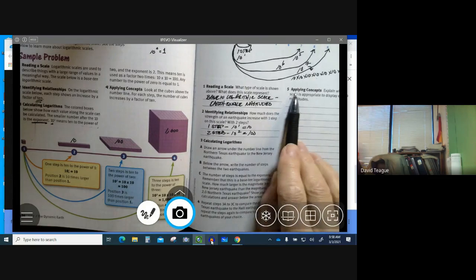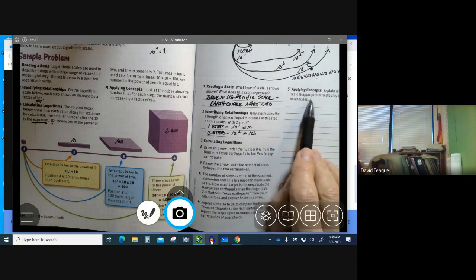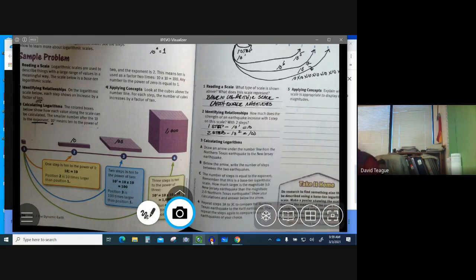Okay, number 5, applying concepts. Explain why a logarithmic scale is appropriate to display earthquake magnitudes.